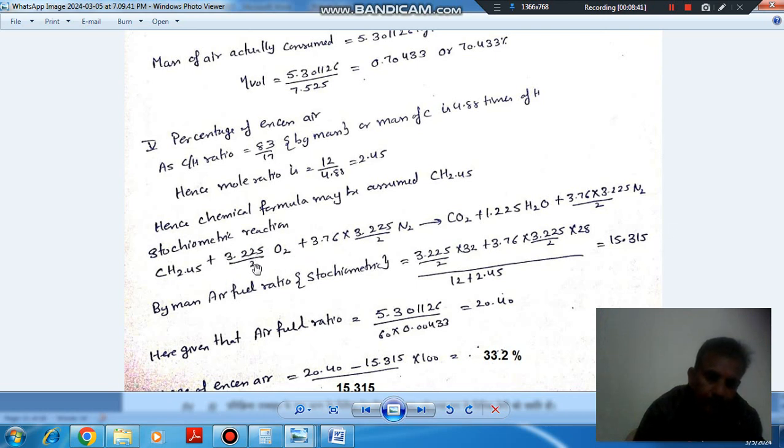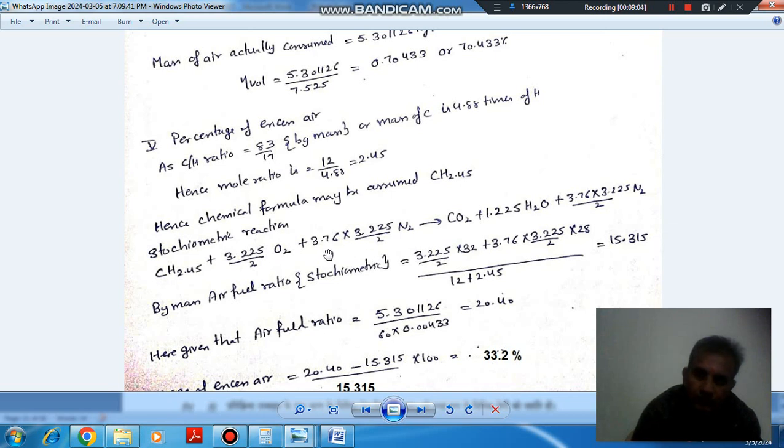And by volume, nitrogen is 77% in air, or we can say the nitrogen to oxygen ratio by mole is 3.76. So if number of moles of oxygen is this, then the number of moles of nitrogen should be 3.76 into 3.225 by 2.